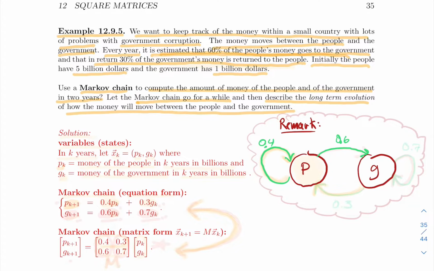And then what do we know also? We know that 30% of the government's money goes to the people. So if I draw this arrow from the government to the people, I get 0.3. This means that the government is keeping 70%. And again here, when I look at the numbers, 0.7 plus 0.3, this is my 1 emerging.